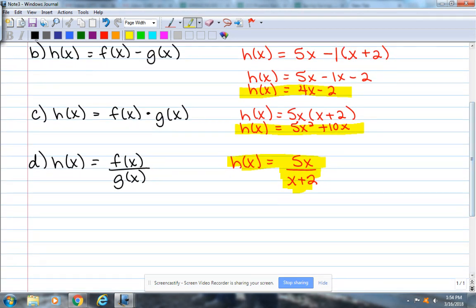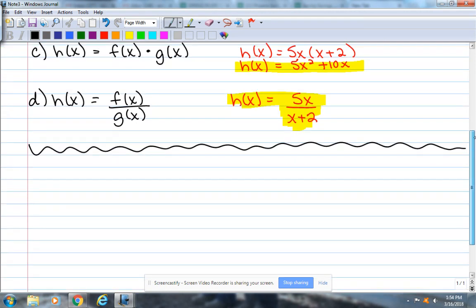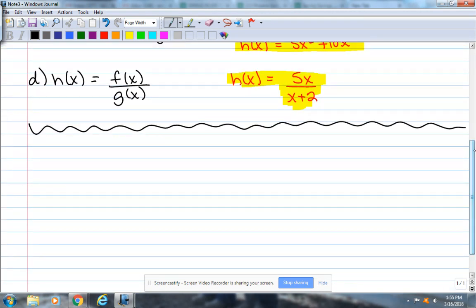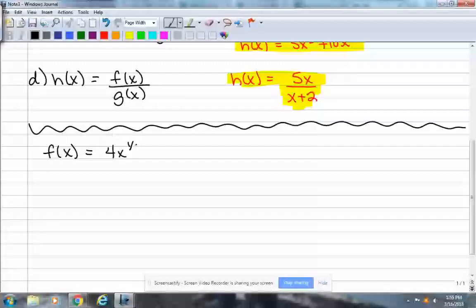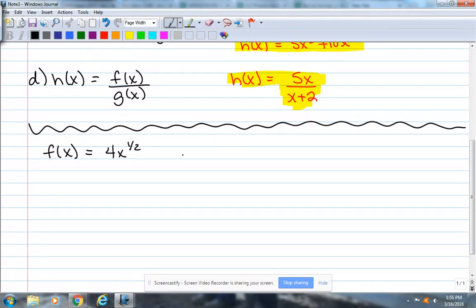All right, they're going to give us another set of functions now. This time, all right, they're going to do a little bit of our exponent stuff here. They're going to say f of x is 4x to the 1/2 power, and g of x is negative 9x, my bad, to the 1/2 power.